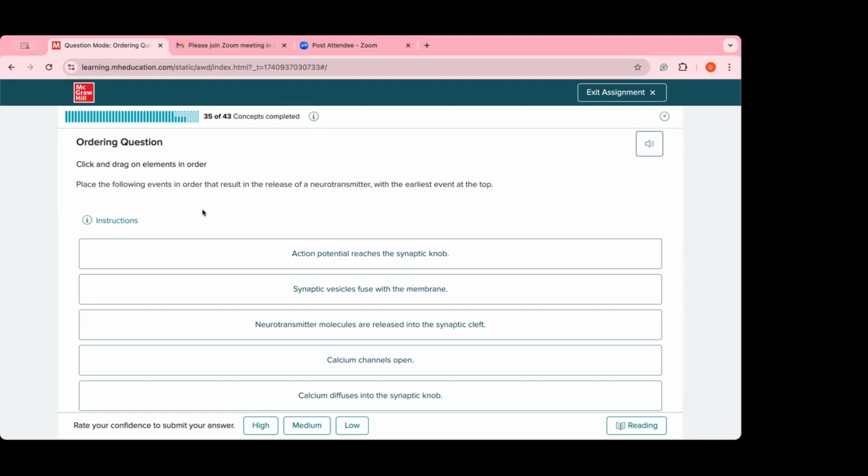I'm trying to close it, but it's not closing. Then I think it's calcium channels open after that, and then calcium diffuses into the synaptic knob.